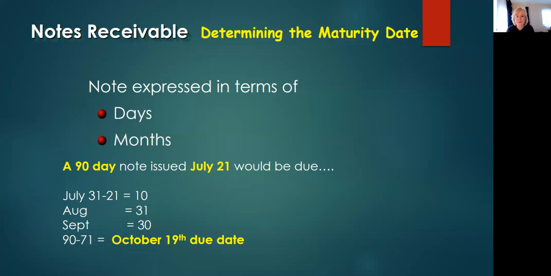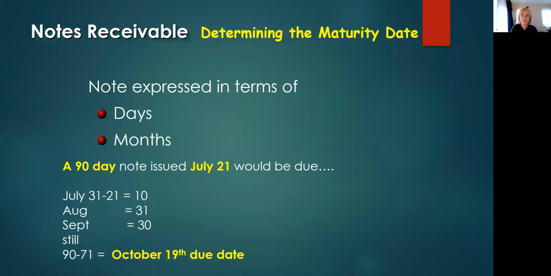So here we're still at 71 days. We need 19 more days to get to 90. Okay, so we're saying the note was issued July 21st. July 31st minus 21st is 10 days.